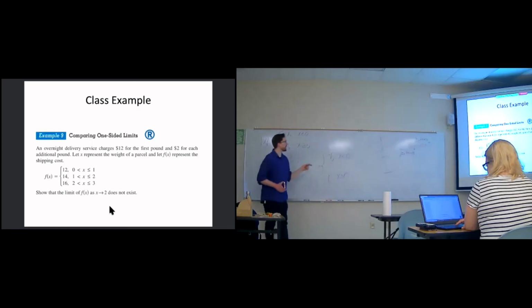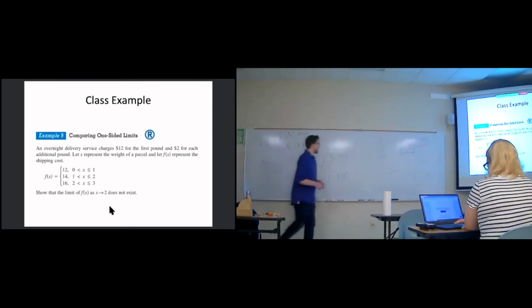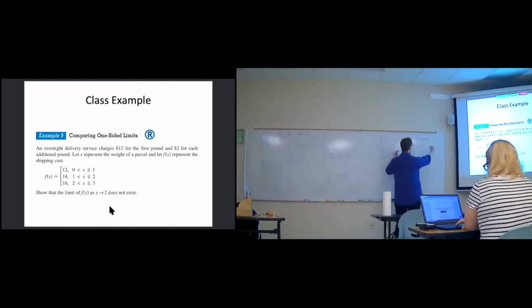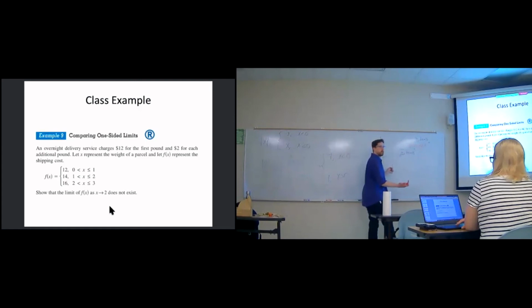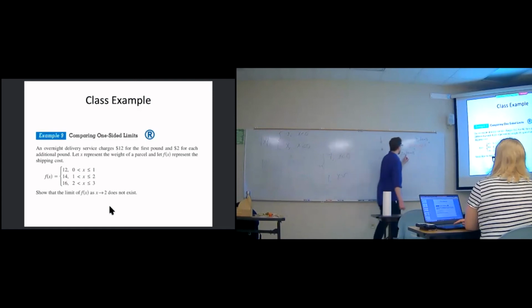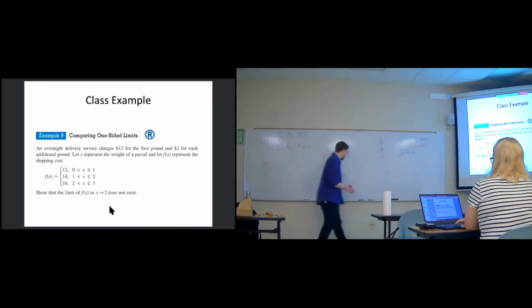It doesn't exist because we don't agree on what we go to from the left and from the right. You know, with that picture with those jets they were showing us, right? Coming in, what happens over here? Well, we just stay here. And we just stay here. We never agree on an answer. So it doesn't make sense to say we have a limit, but it does make sense to say we have a limit from the left, and a limit from the right. Folks at home, are we cool with that?